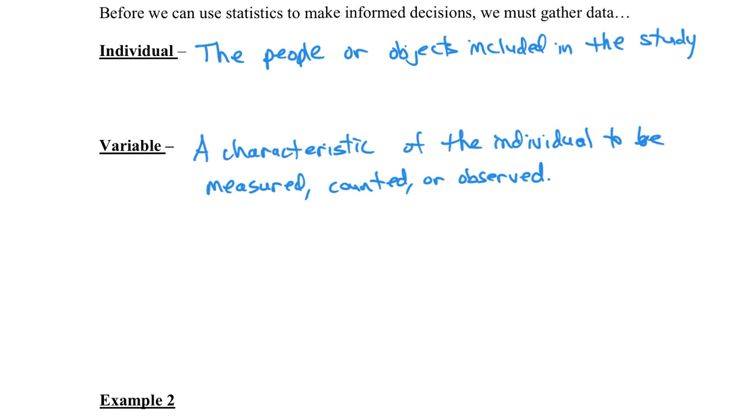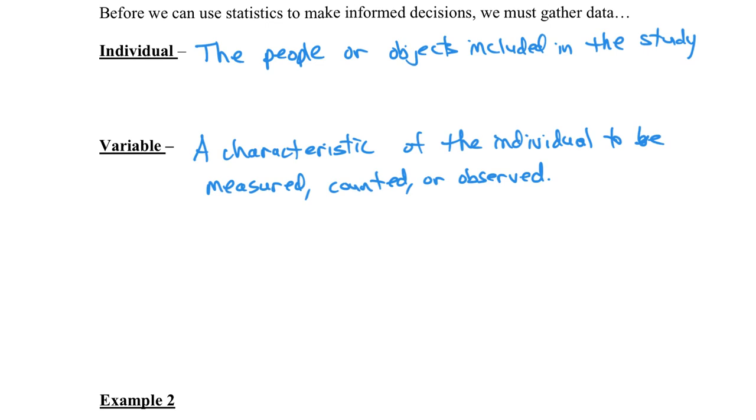It's basically the thing that we're going to measure. So if we were trying to figure out the average age or the mean age of GRCC students, the individuals would be the students, the variables would be the students' ages, right? That's the thing that we'd be measuring.